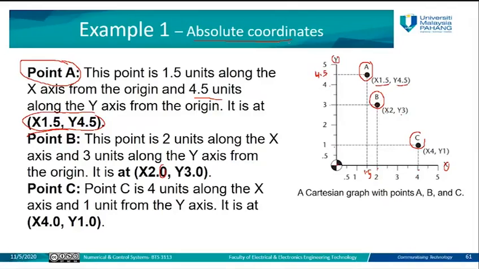So for the absolute coordinate, it's very easy and there's no need to think or to calculate. But if you have more complicated coordinates, imagine that you want to make a hole or to cut a piece of metal and so on. You are not going to define coordinates for just 2 points. Maybe you have hundreds of points.